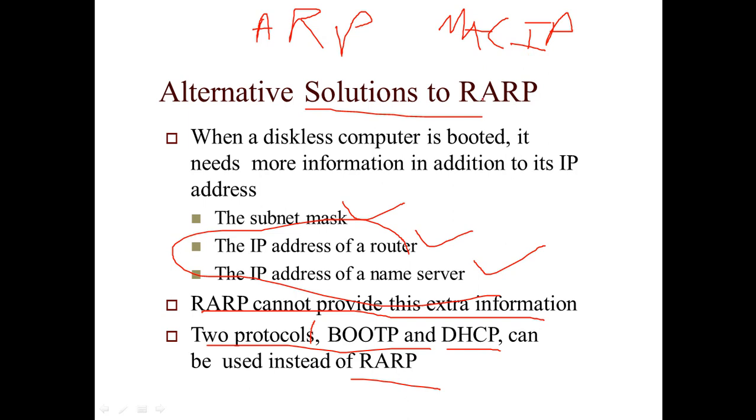It is not carrying any information about the IP of the router, the subnet mask, or the name server. If you put all this information in, it might be taken as an illegal or corrupted packet.